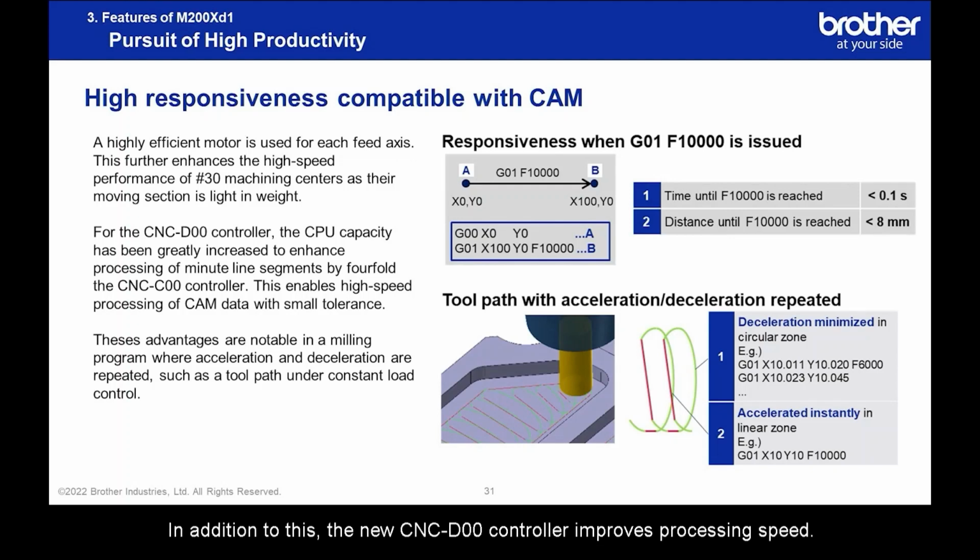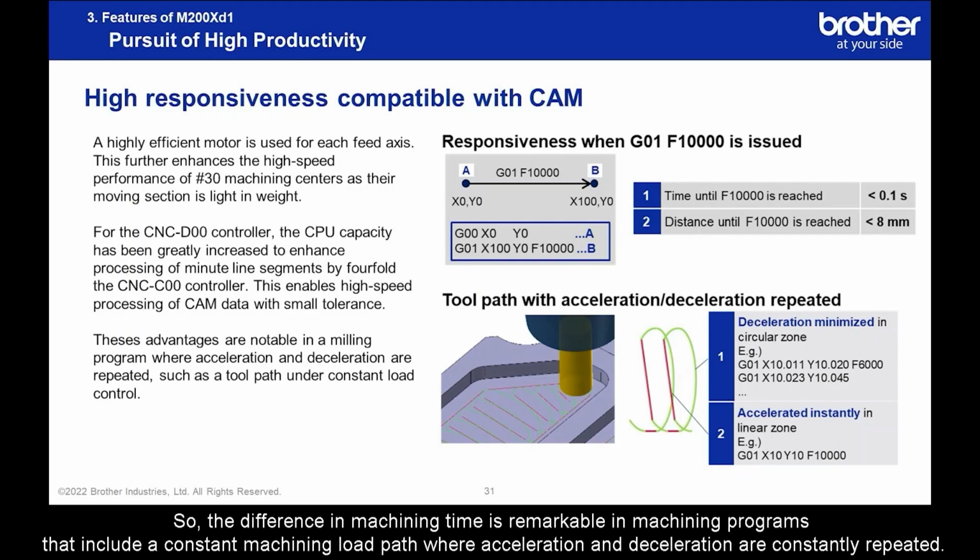In addition to this, the new CNC D00 controller improves processing speed. So, the difference in machining time is remarkable in machining programs that include a constant machining load path where acceleration and deceleration are constantly repeated.